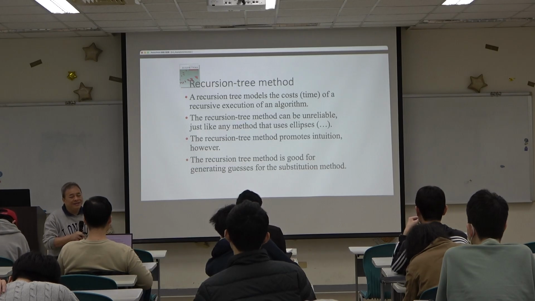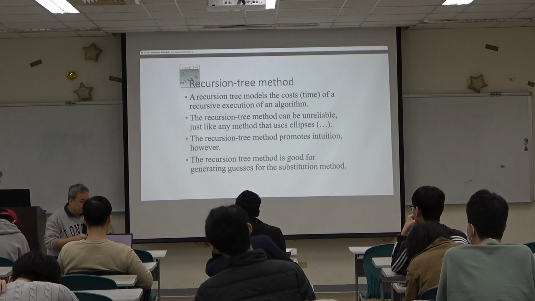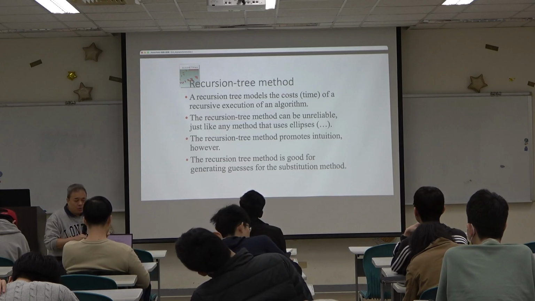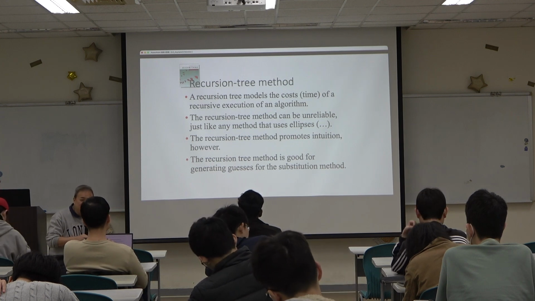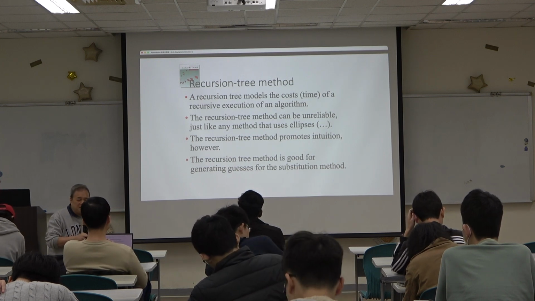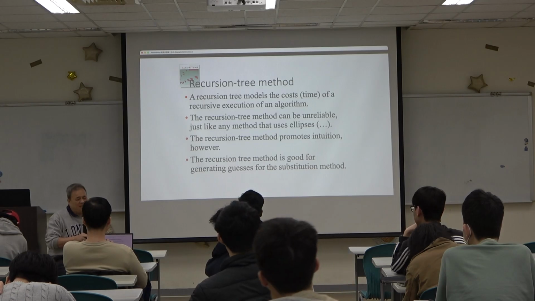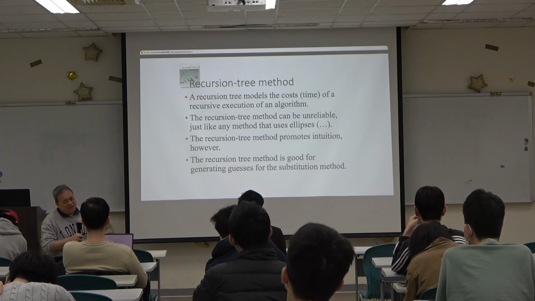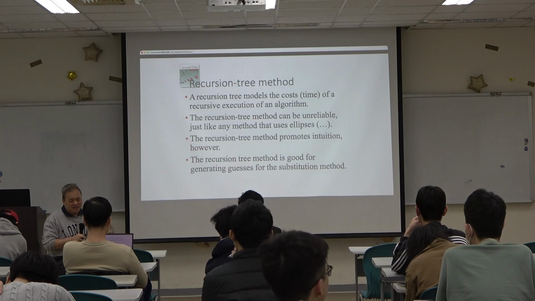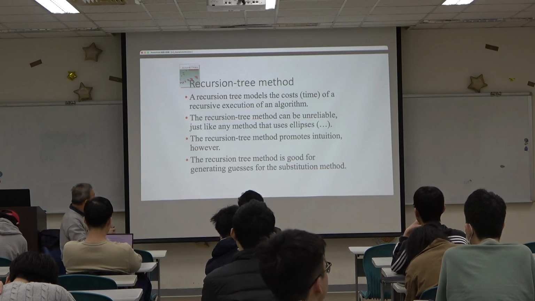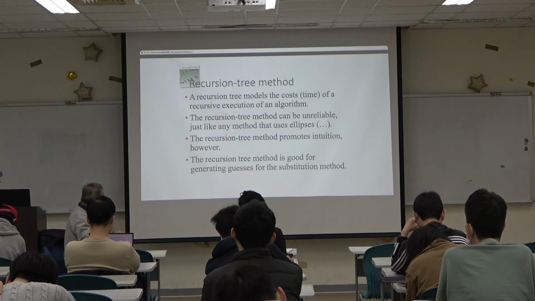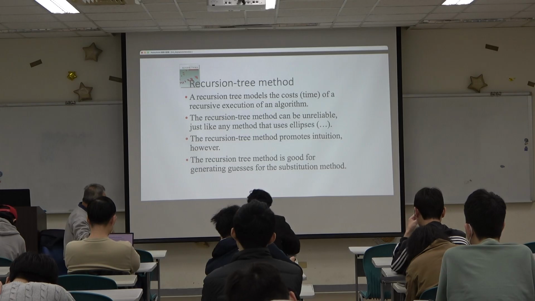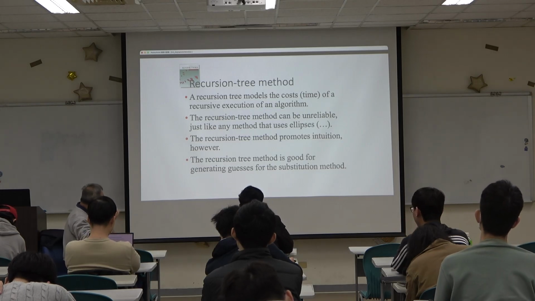Because it is grounded on induction. You don't see da da da da in the previous substitution method, right? But when you draw the recursion tree, you see ellipses. Okay, so that makes the recursion tree informal. That is why we say the recursion tree cannot be used for proof.